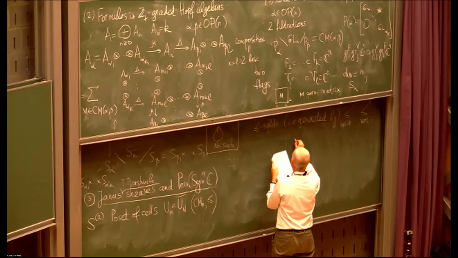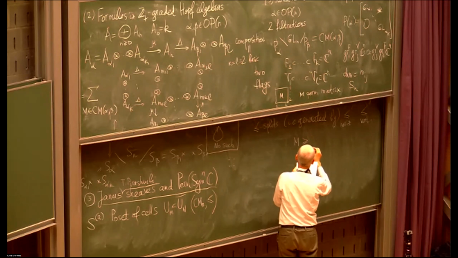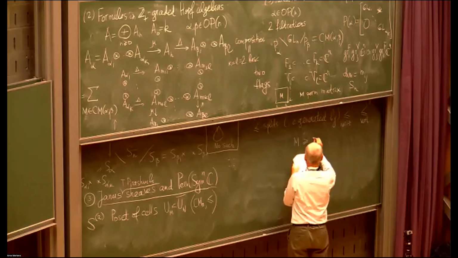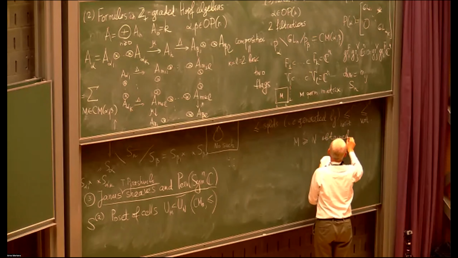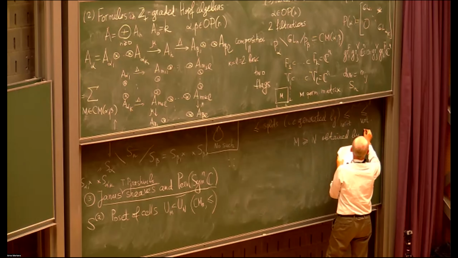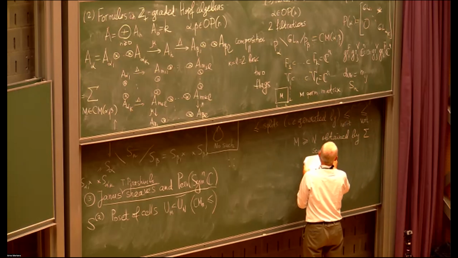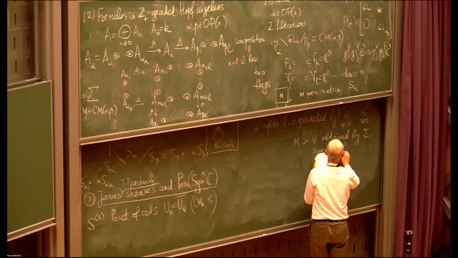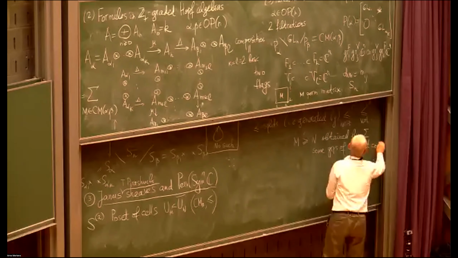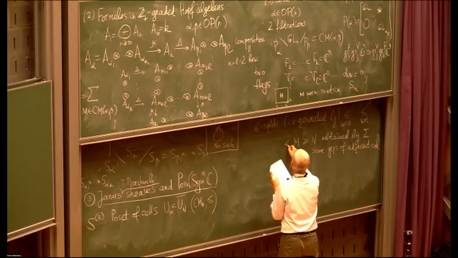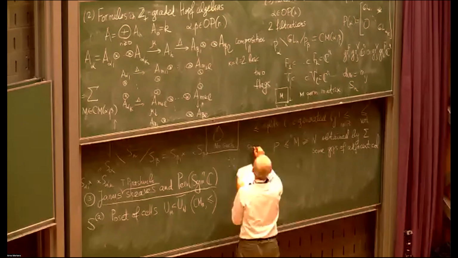So if I have a matrix M, it is greater in the first sense if it is obtained by summing some groups of adjacent columns, and in the other sense, the same for rows.